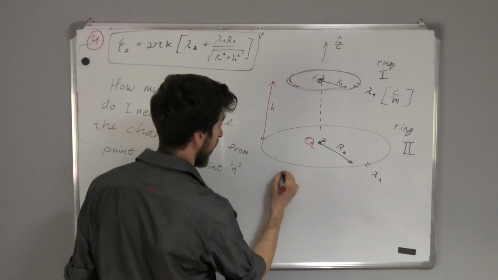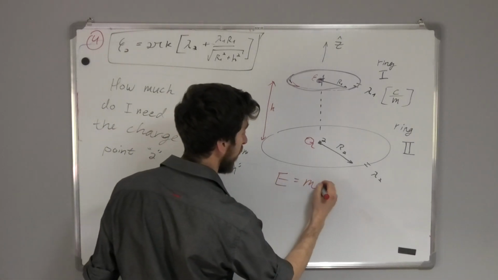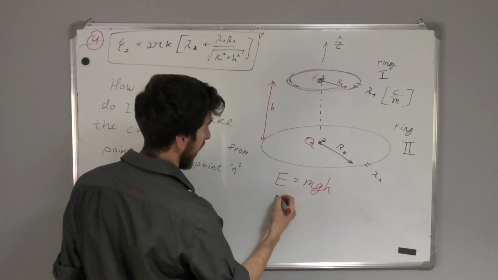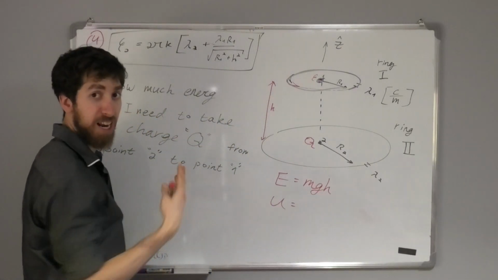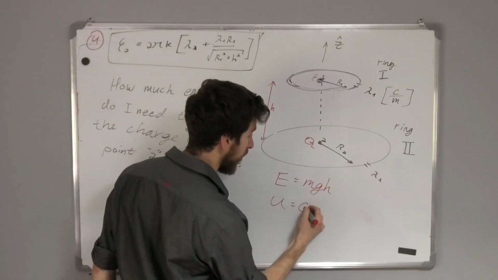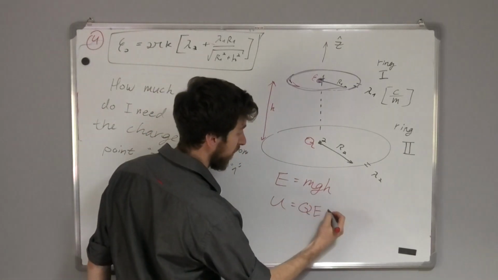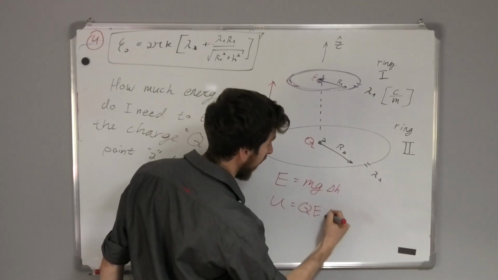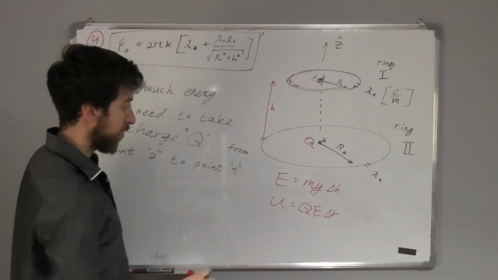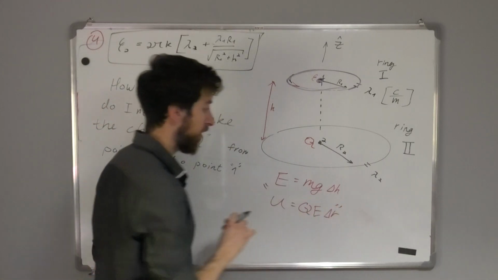E equals mgh, and here we don't use E because we don't want to confuse it with the electric field, but here it's qE, let's do delta h, and here it's delta r, the distance. So this is a similar equation.